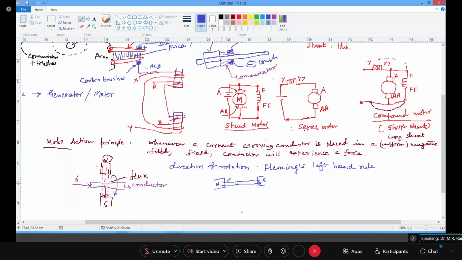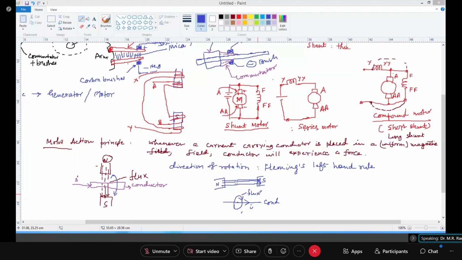Because of the main poles, this is the field generated. Now assume that the poles are not there and only the conductor is carrying current. What will happen? The field will be generated like this. This is the conductor, this is the current, and this is my field or flux. Clear? Understood?